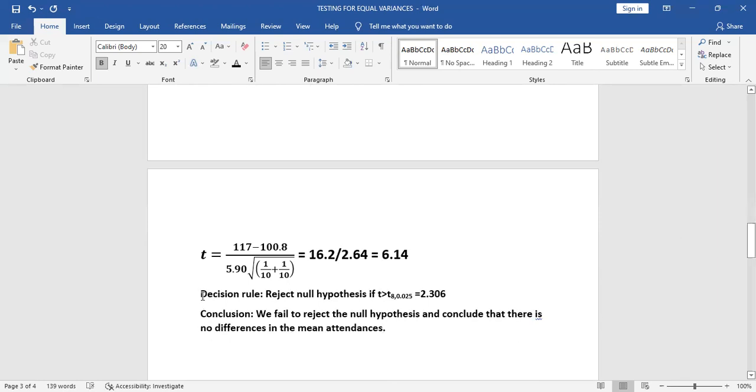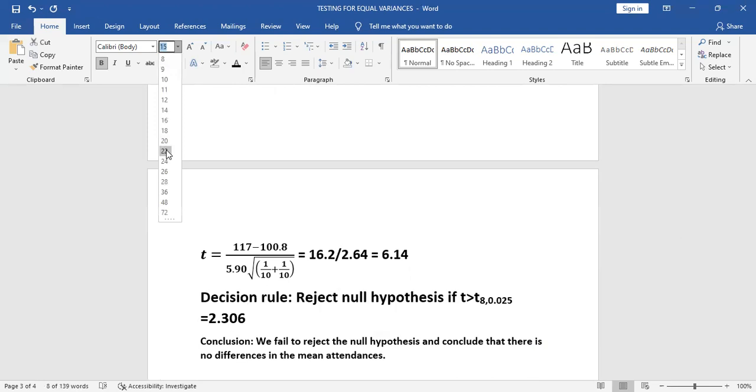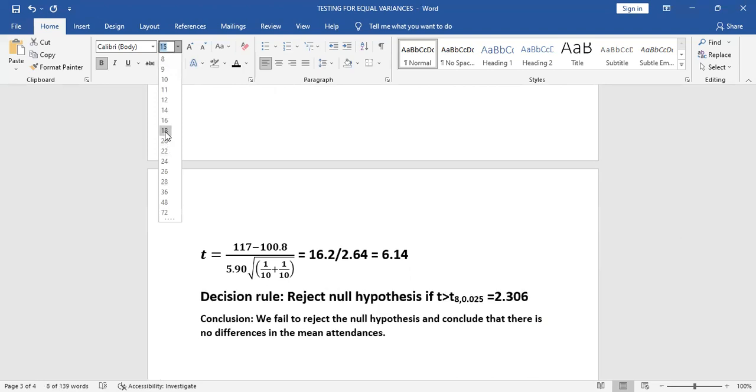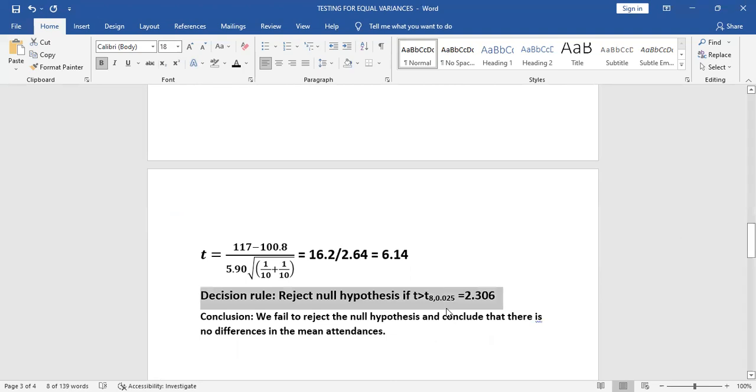Then I need to create the decision rule. The decision rule is to reject the null hypothesis if T at 18.